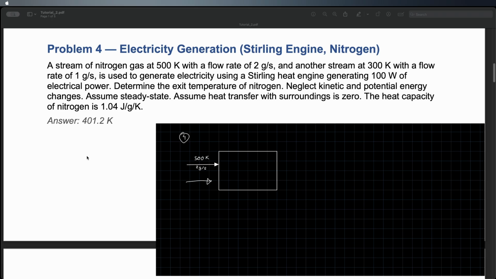We also have a second flow at 300 Kelvin with 1 gram per second. We generate 100 watts of electrical power. Okay, so coming out of here, we have work electric, which is work flow, 100 watts.